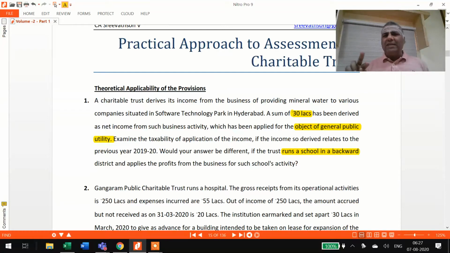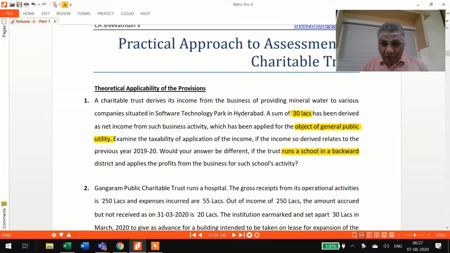If this 30 lakhs is more than 20%, irrespective of whether you used it for your charitable purpose or not, you are lost. If this 30 lakhs is less than 20%, then you have applied for charitable purpose, fine.